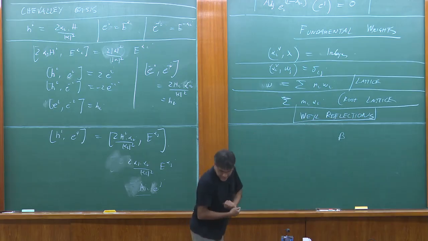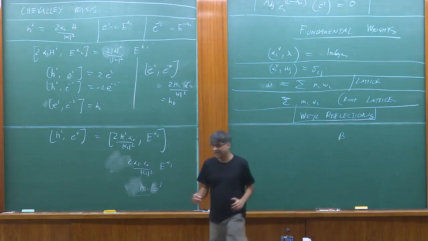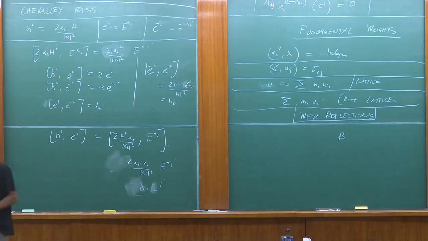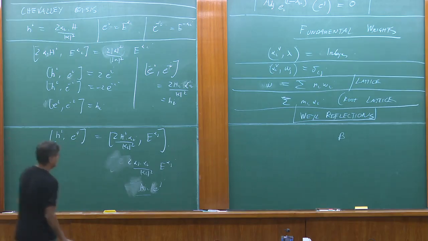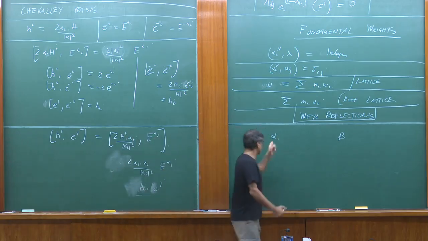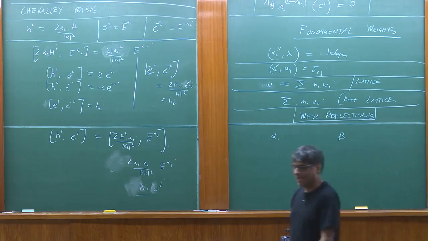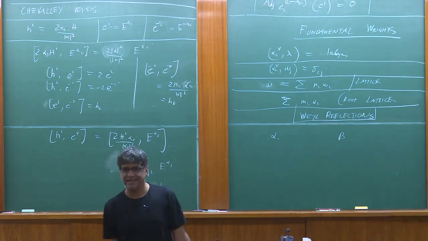Now you remember that I've got some other root. Let's call it alpha. Now, associated with the root alpha, there is an SU2 group, and beta lies in some representation of that SU2 group.